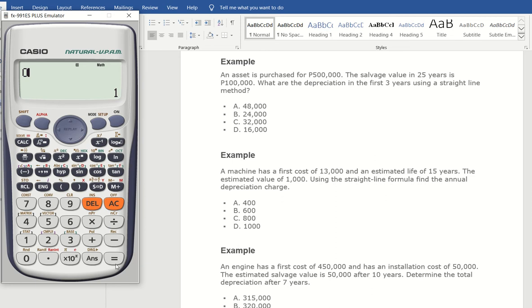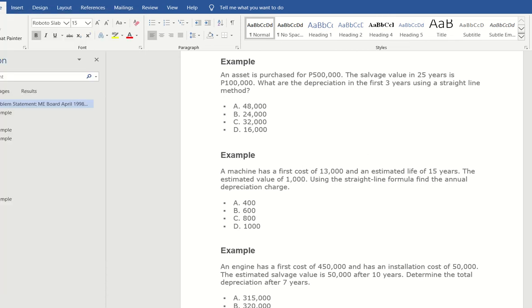So just start at, again, year 0, end at year 1 because it's asking for the annual depreciation charge. Okay. So again, in your X value, that's the number of years, year 0 and then year 1. Here is the first cost and here is the book value. Now again, to get the depreciation charge, you just need to deduct the first cost minus the book value. So 13,000 minus 12,200. So that's gonna be 800. So the depreciation charge is 800.